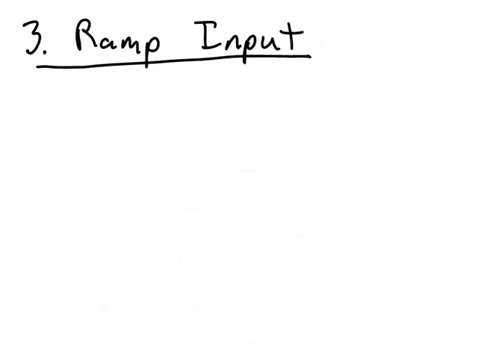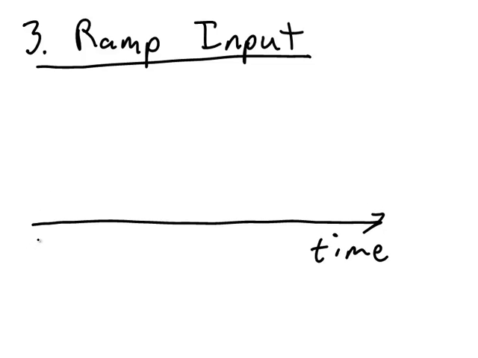The third type of input we're looking at today is the ramp input. We'll start by drawing the plot of time versus the input. A ramp input starts at 0 when time is equal to 0, and the value of the input increases at a constant rate over time.